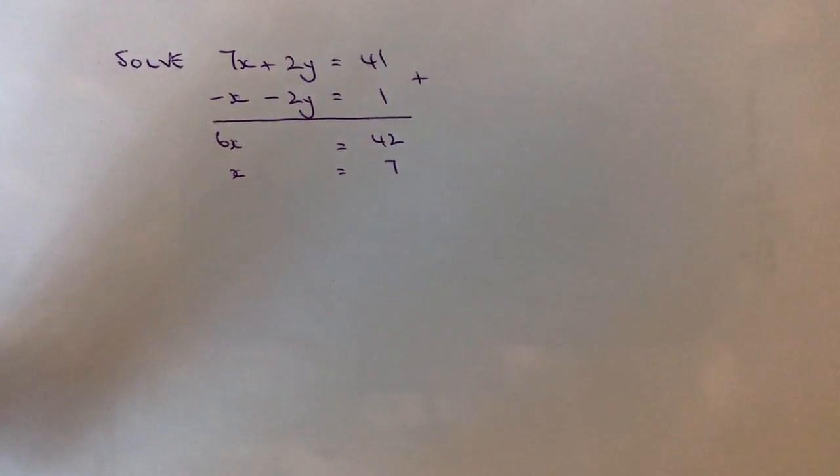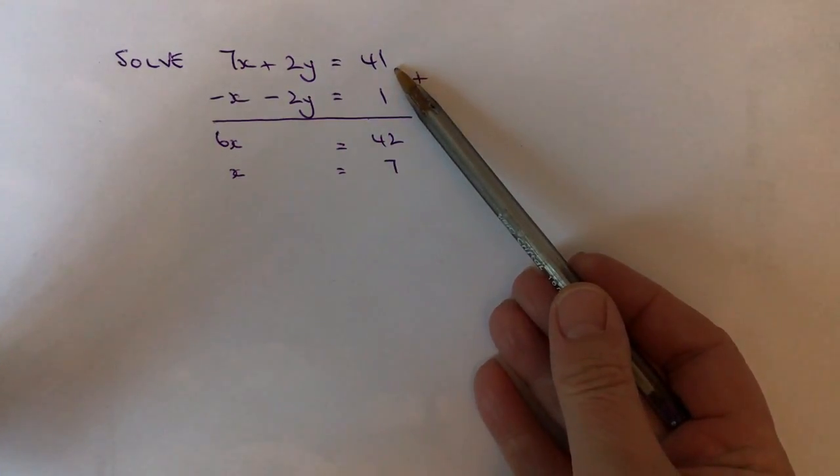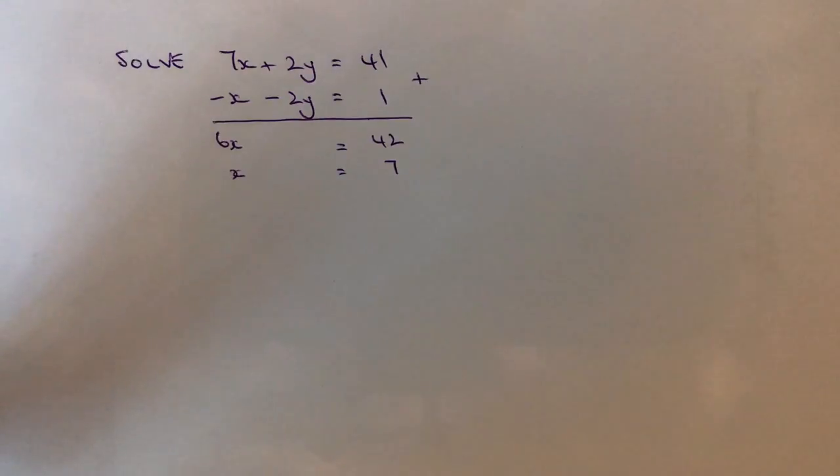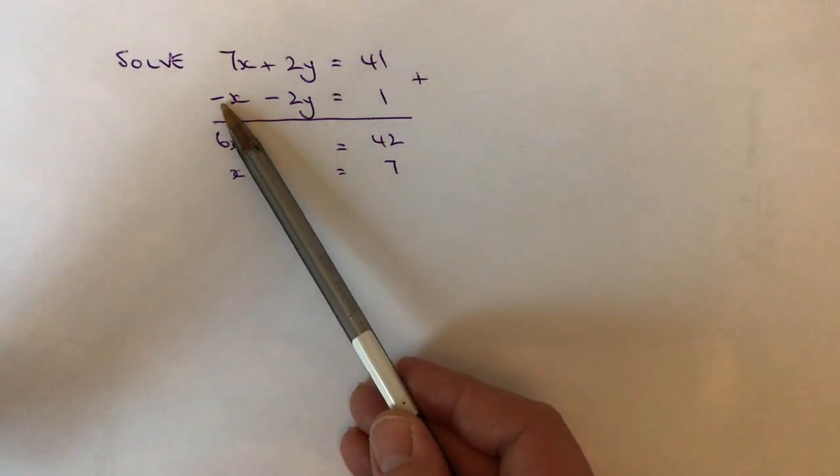Okay, so that's my first answer, and I now know the value of x. Well, what I would do with that value is put it back into one of the equations. It doesn't really matter whether I choose equation 1 or equation 2, but in this particular case I'm going to choose equation 1 just because it's a little bit easier when you're not having to deal with negatives.